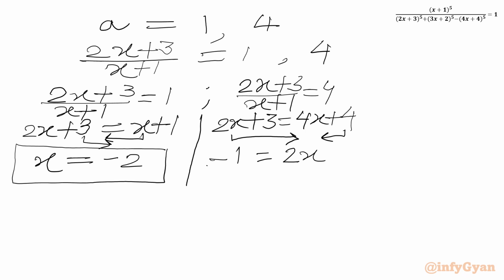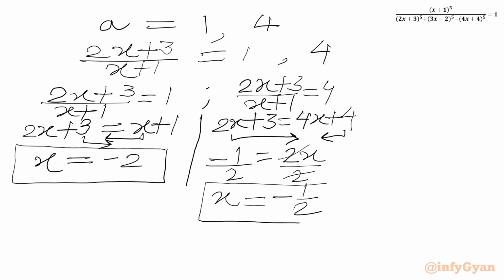Now we have to only divide by 2 on both sides to collect our second real solution of this rational equation challenge, x equal to negative 1 over 2. So we have two real solutions. I will write here x equal to negative 2, x equal to negative half.